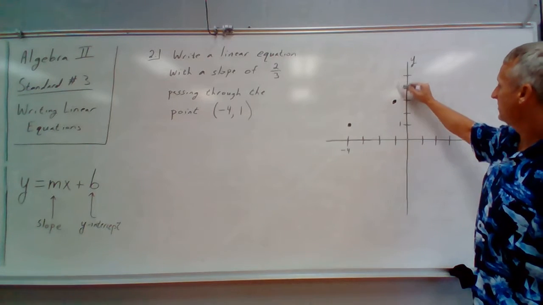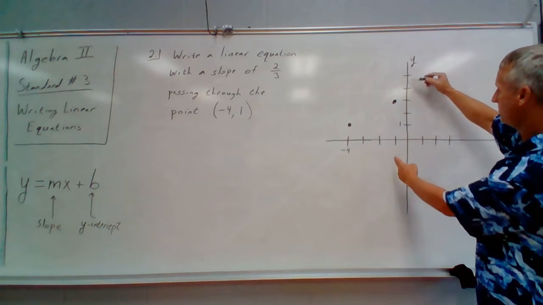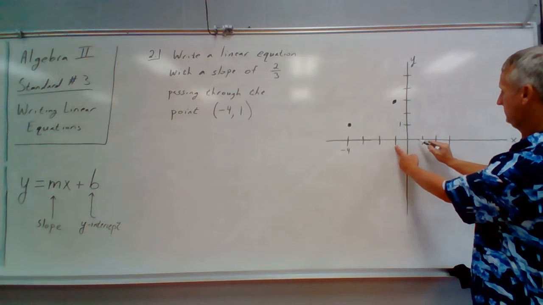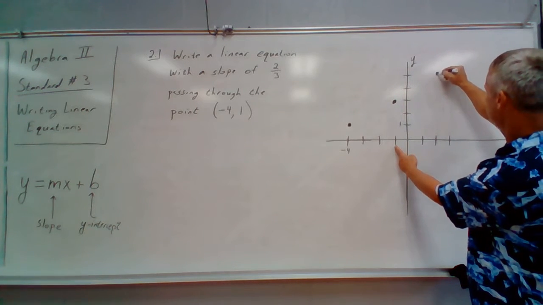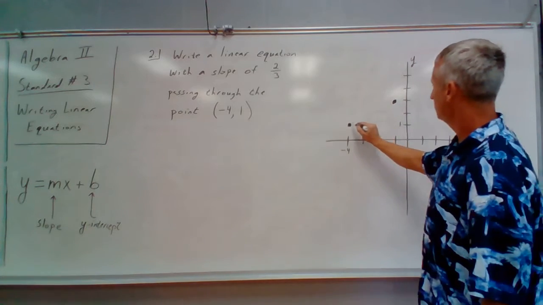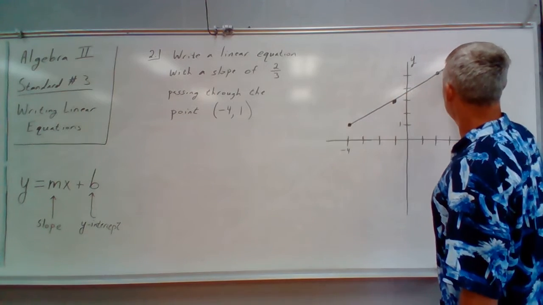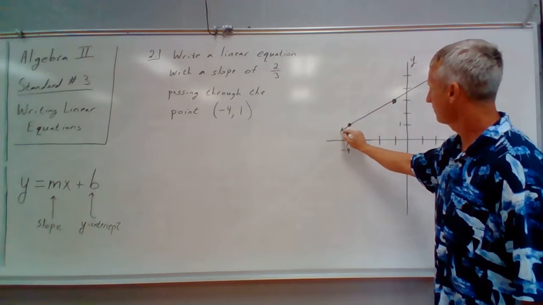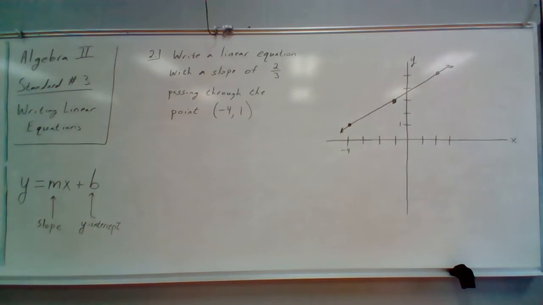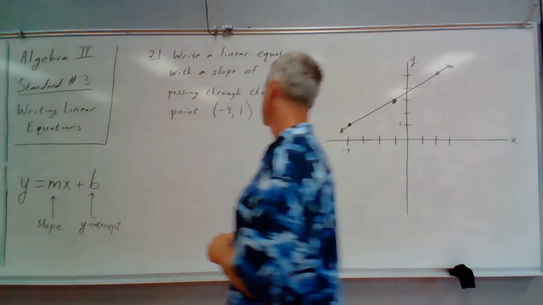And then I could go up 2 and over 3 more. So 1, 2, 3. I have a point here. And of course I could connect those with a line. All right, we want to write the equation of this line.